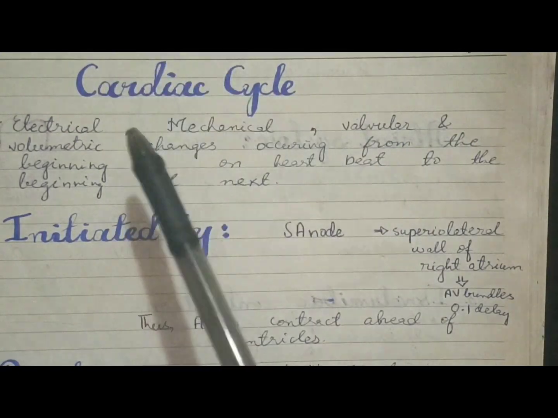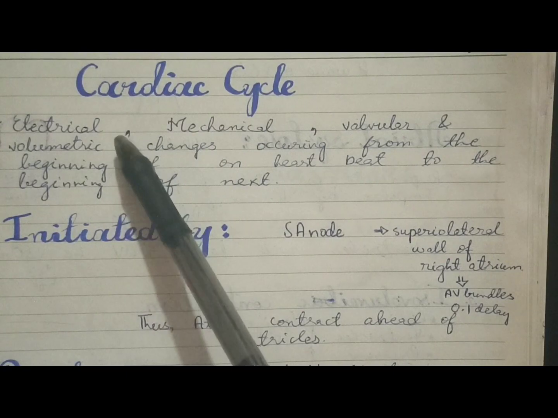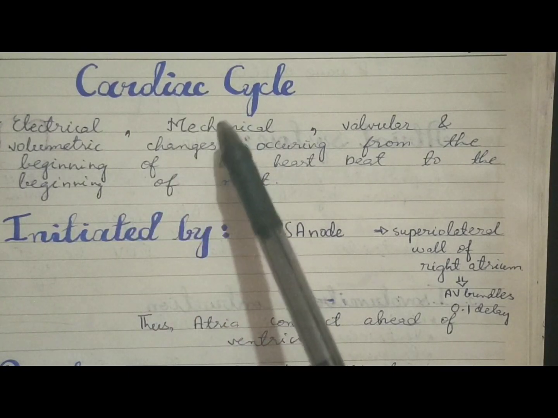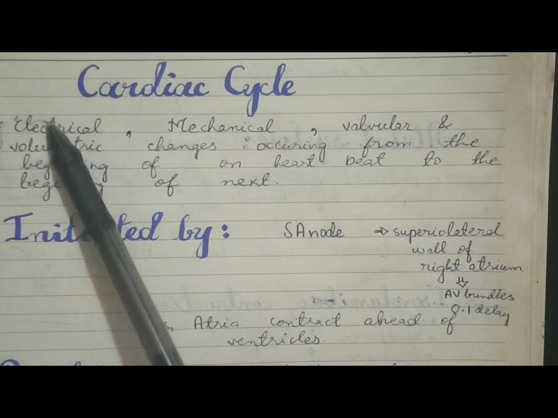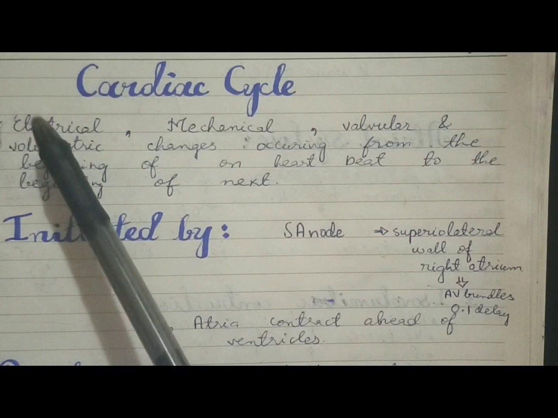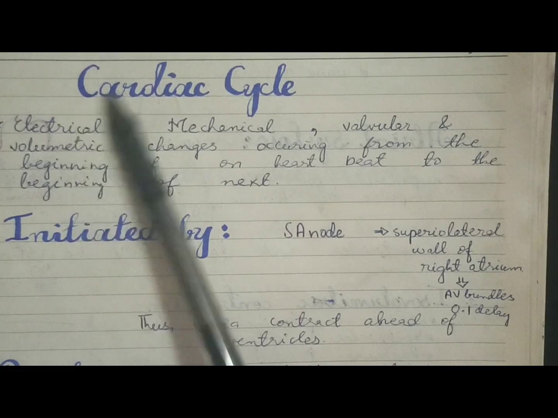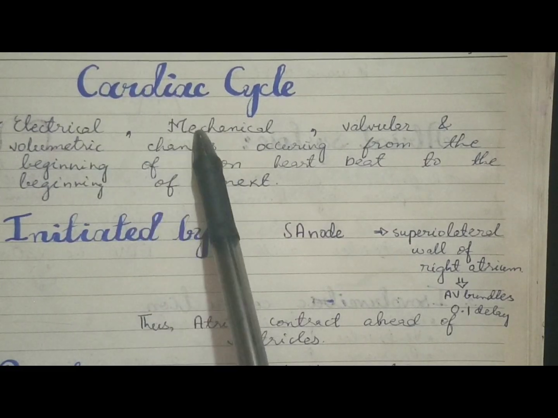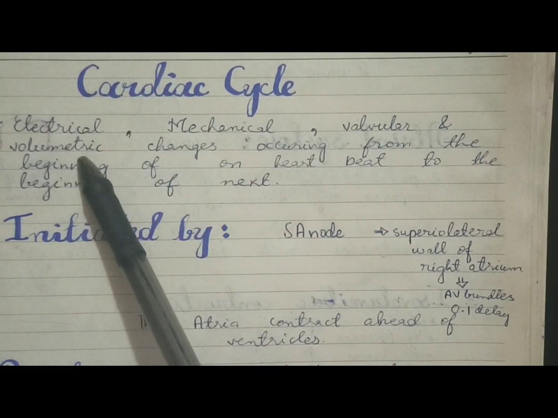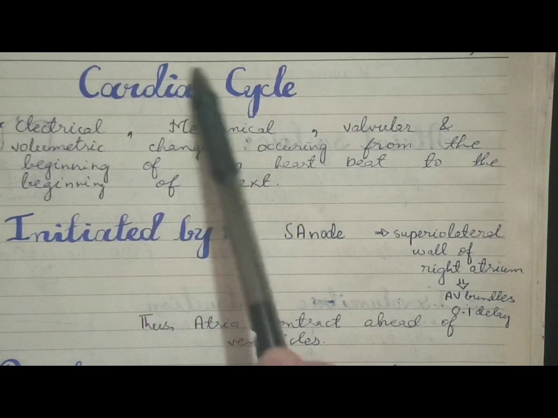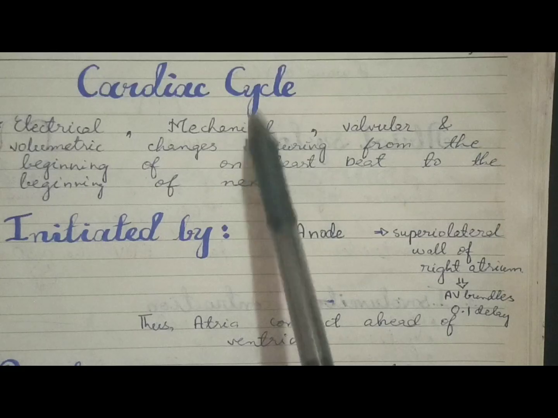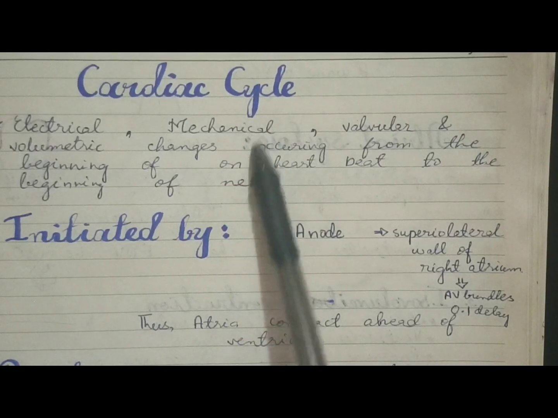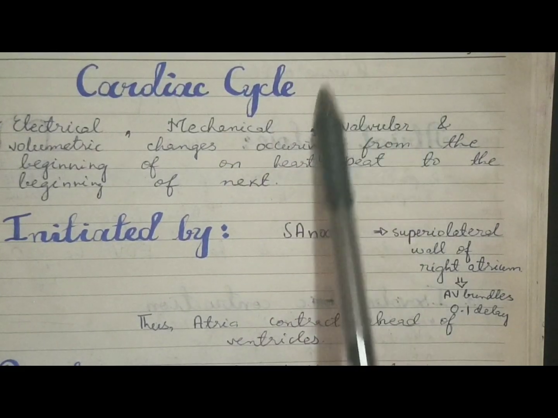To understand this, we know that there is a specialized conductive system in our heart which generates electrical impulses. The electrical change is followed by a mechanical action. For example, the SA node generates an electrical impulse and it acts on the atria. The atria contract, which is a mechanical event, and the AV valves open, which is a valvular event.